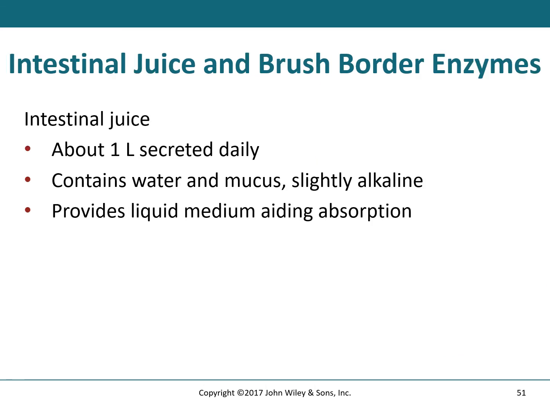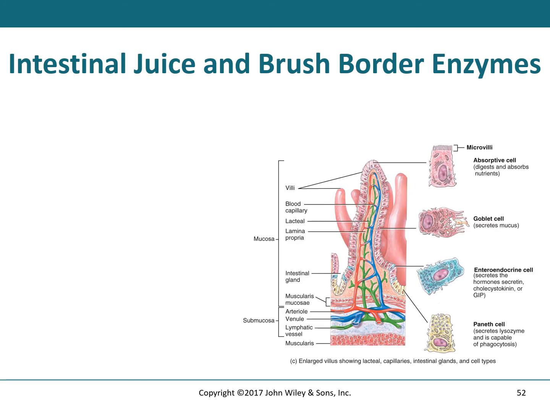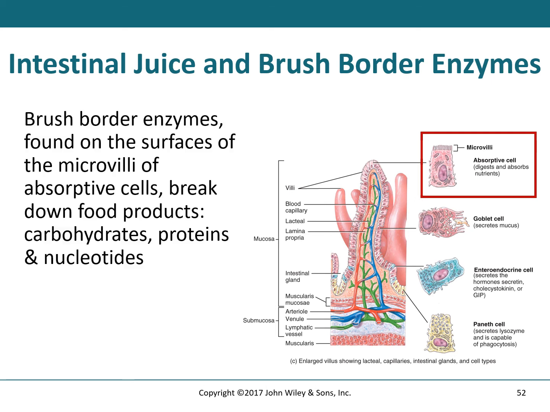Your intestines secrete about 1 liter of intestinal juice daily, and this contains water and mucus, and it's slightly alkaline. And just having this liquid medium is going to help with absorption. The other thing that your intestine secretes are brush border enzymes. Brush border enzymes are secreted by cells that have the microvilli that line the intestine.